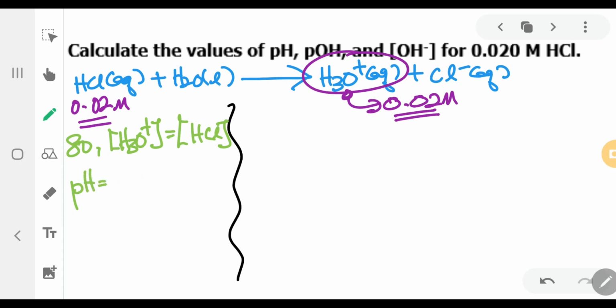pH equals negative log concentration of H3O+. You do know that this is the same as the concentration of H+, and we want to find pH, so we take this value.